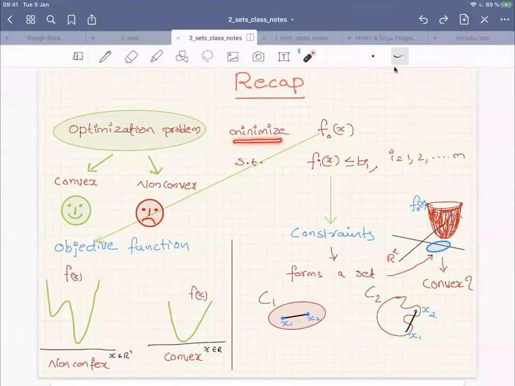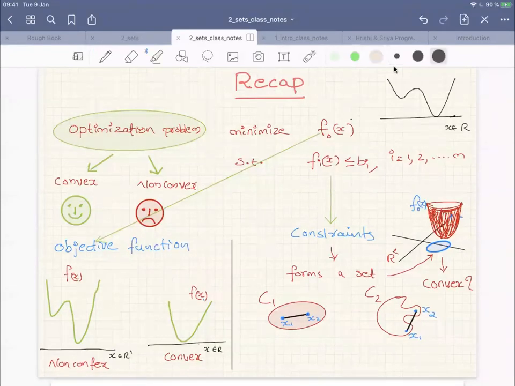We are minimizing an objective function f0(x) subject to certain constraints. For example, let's say x is in R, and we have a function like this, and we are minimizing it.